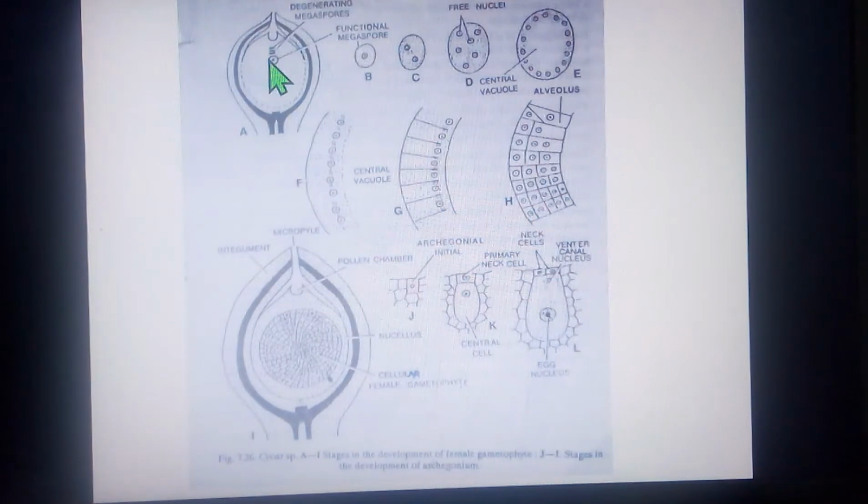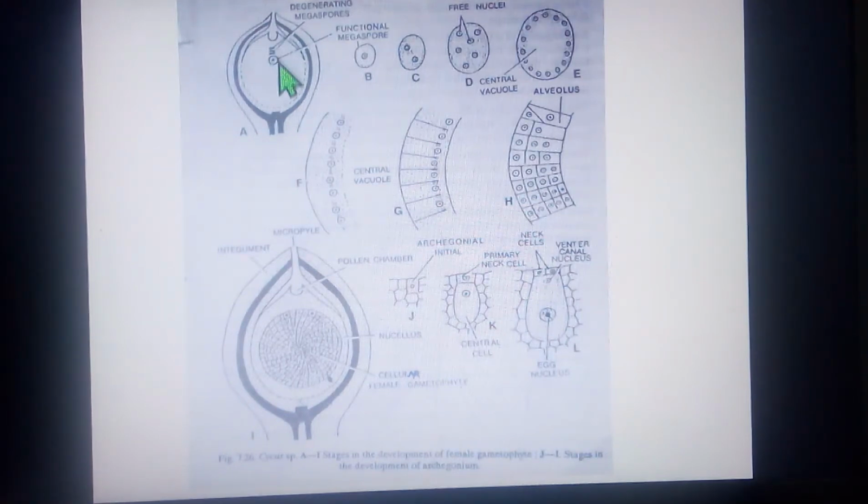Okay, so out of this linear tetrad of 4 megaspores, we know that the lowermost one, the megaspore which is facing towards the chalazal end, will be the functional megaspore.